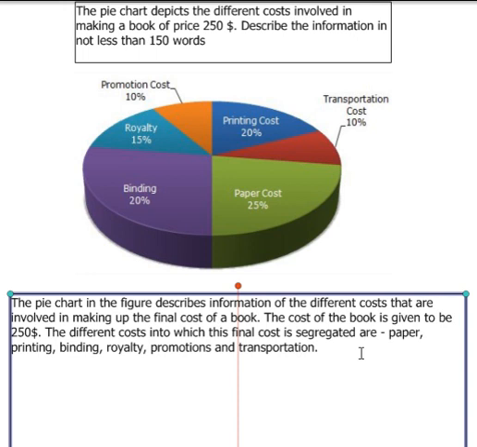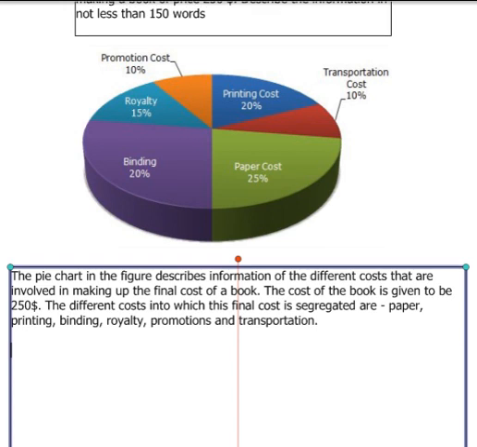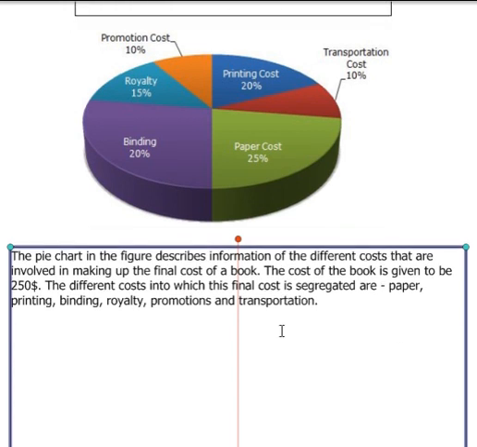So let's go on and get started with the second paragraph, which will give information on the different costs that are involved. Let's go ahead and start with the cost that contributes maximum, that is paper. Paper contributes 25% of the total cost.